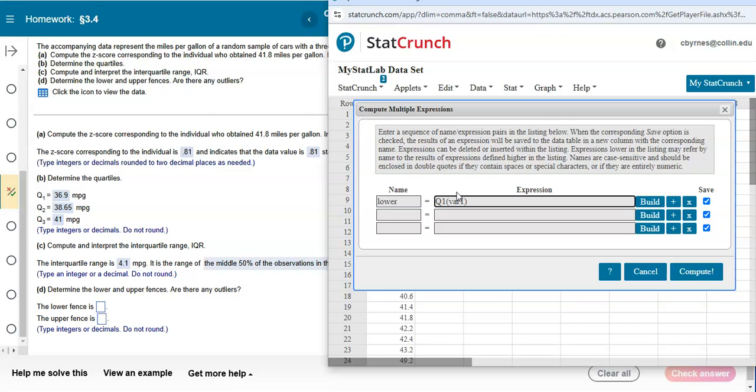And then, actually, no, I subtract from that 1.5 times the IQR for var1.